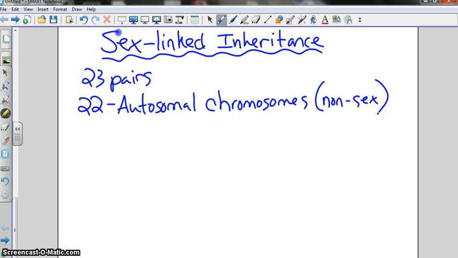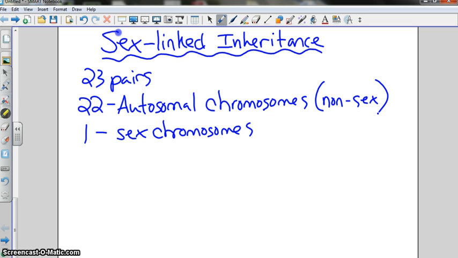So 22 of those pairs for a total of how many? 44, right? 44 of our chromosomes are what we call autosomal. And then we have one pair of sex chromosomes. So if you hear somebody say that something is an autosomal trait, that means it is on a chromosome that is not a sex chromosome.